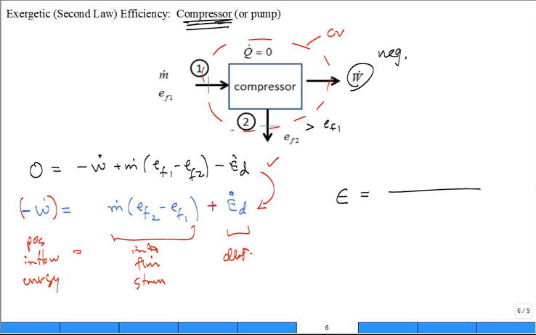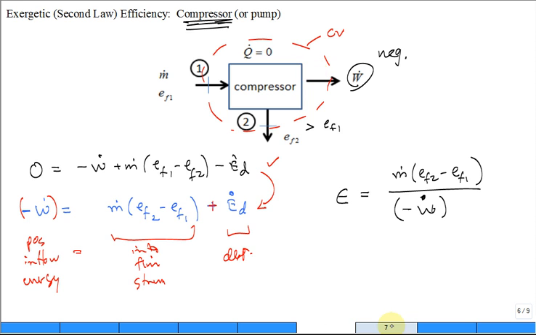What do we want? We want m dot (EF2 minus EF1) to be large compared to minus W dot. That's exactly the same equation developed in the textbook, and I wanted to be consistent with the textbook. I was very tempted to turn this around and let that be a positive W dot in, but that would be inconsistent. You see that?